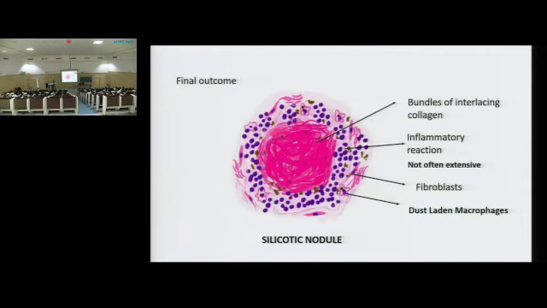It can be a sparse chronic inflammatory cell infiltrate. Also, there may be carbon-laden macrophages, and in between the inflammatory cells and carbon-laden macrophages there can be fibroblasts. So in a silicotic nodule, in the central area there will be collagenization surrounded by chronic inflammatory cells, fibroblasts and carbon-laden macrophages.